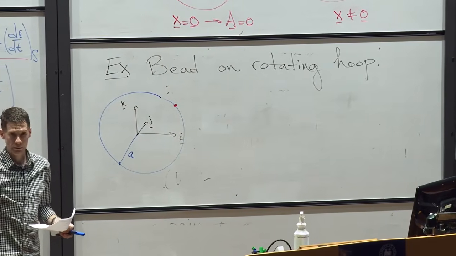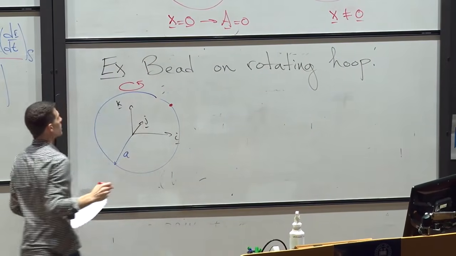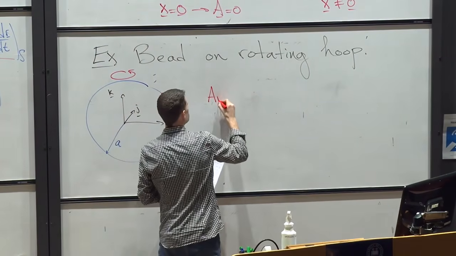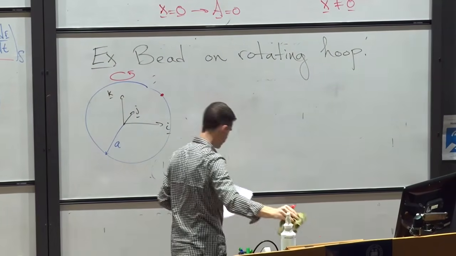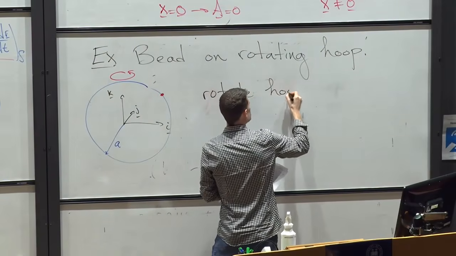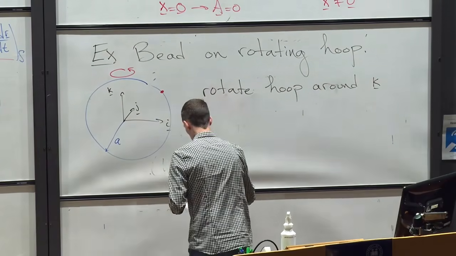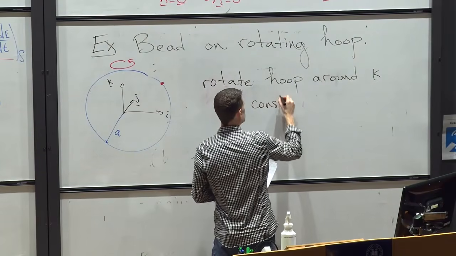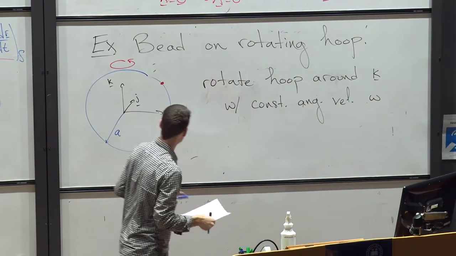It's going to feel gravity, but I'm also going to rotate the hoop around the k-axis with constant angular velocity. Let's call that scalar omega.